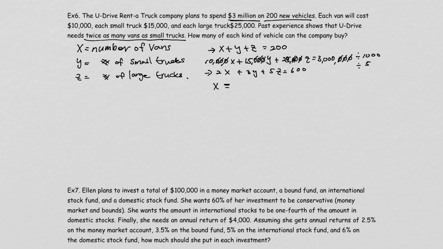So in order to make this one equation, we need to multiply y by 2, because if you want to make vans twice as many as the trucks, right? If you write it as an equation, this is going to give you x minus 2y equals 0, right?